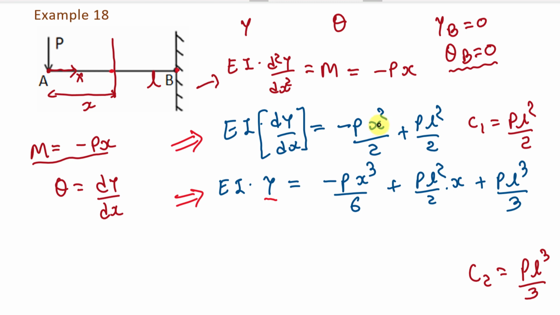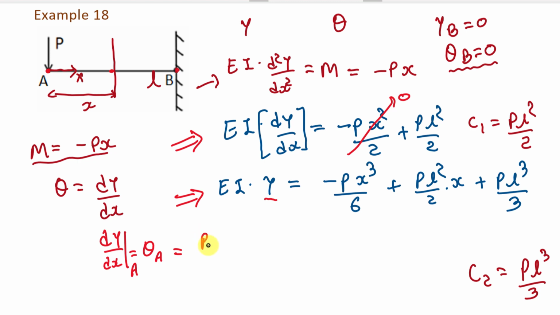And let's say if we want to find the value of deflection and slope at point A, then we are going to put x is equal to 0, because at point A, x is equal to 0. And if we put the value of x is equal to 0 in this expression, then this term will be 0. And from here dy by dx, that is the slope at point A, will be equal to PL square by 2, and this EI will be multiplied with this 2.